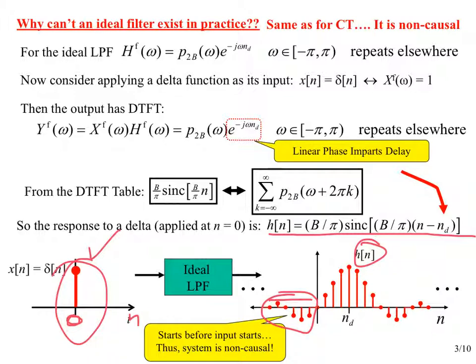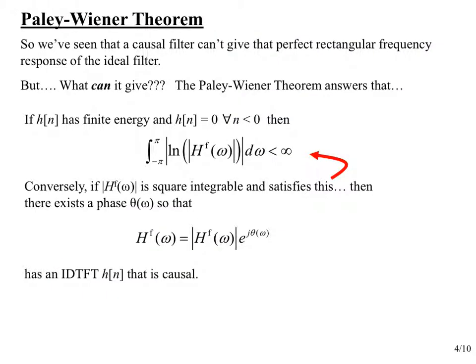Okay, so we have this issue. We cannot build causal filters that are ideal. So that raises the question: if we can't get this perfect rectangular frequency response, what can we get?